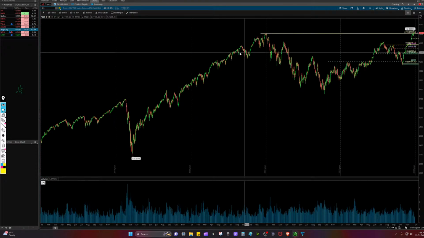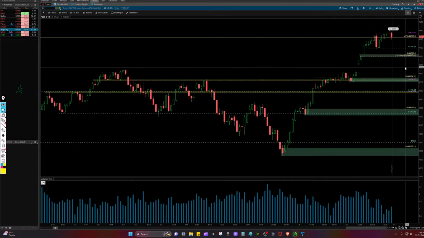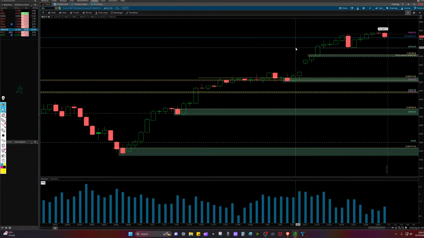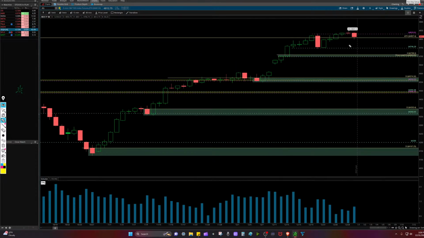Recently it broke the all-time high. This one's all-time high, and then it came down, it broke back up, closed higher, closed higher, closed higher, and it looks like this to me.